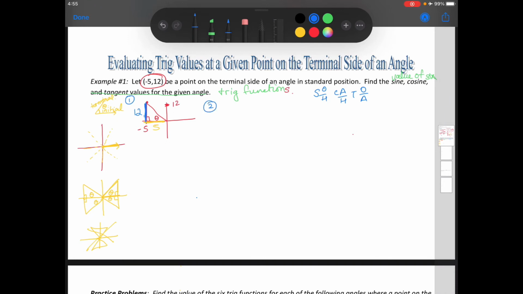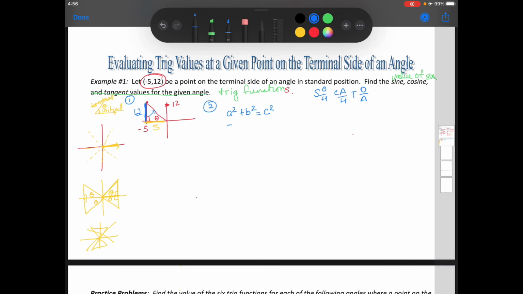Second, you want to use the Pythagorean theorem, a squared plus b squared equals c squared, and find the missing side. Here, your missing side is the hypotenuse. It's always across from the right angle, and it's the longest side of the right triangle.